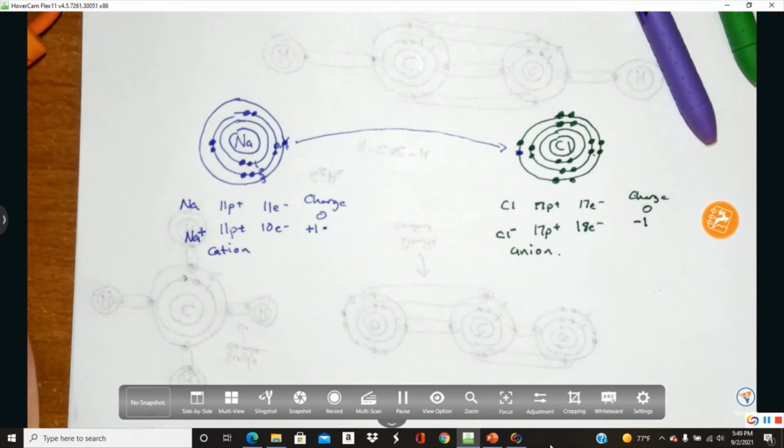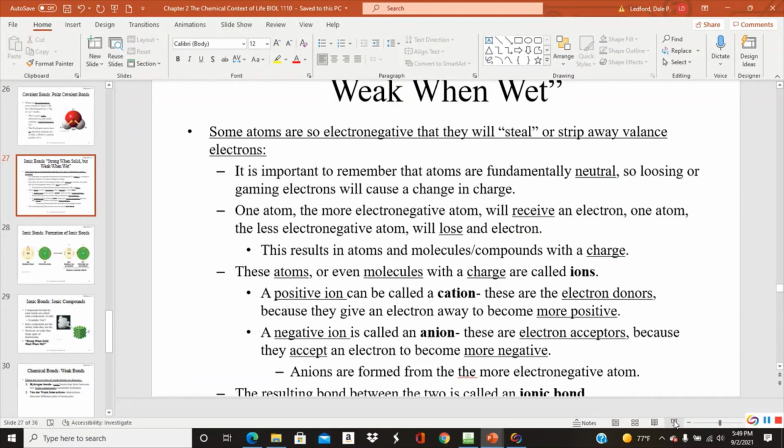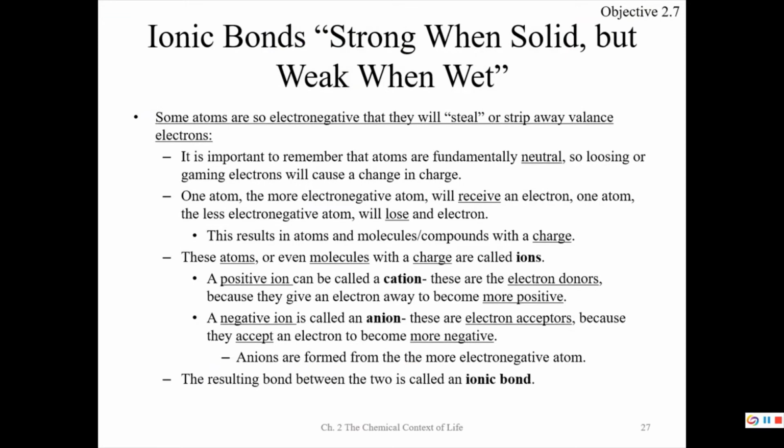So what we have, guys, are cations and anions. What occurs is you have two atoms. One is more electronegative, and it will receive an electron from an atom that is less electronegative. This results in a charged thing called an ion.